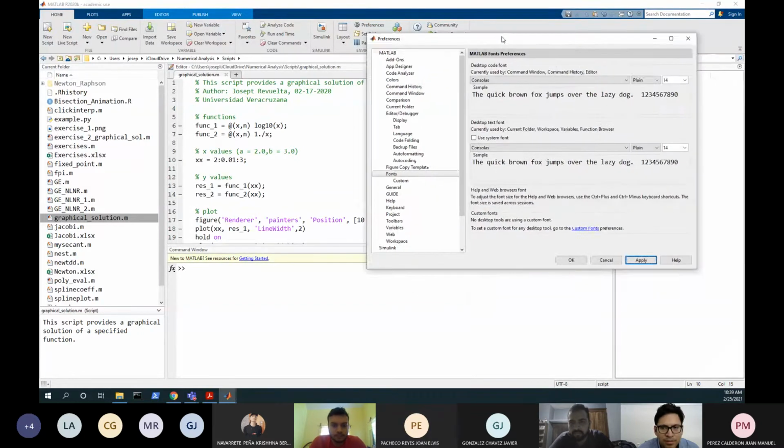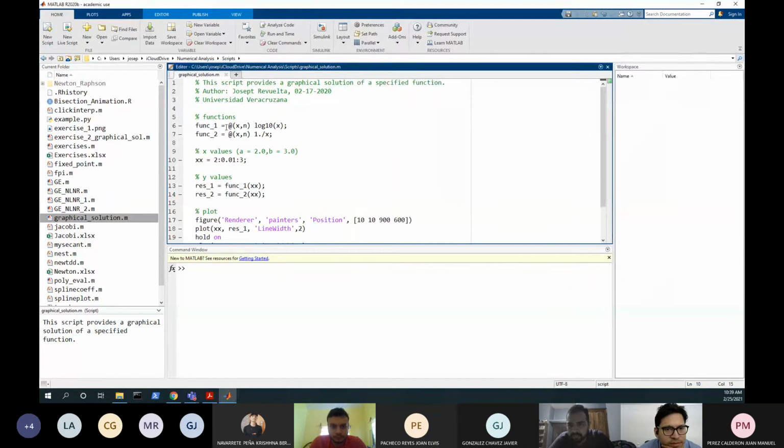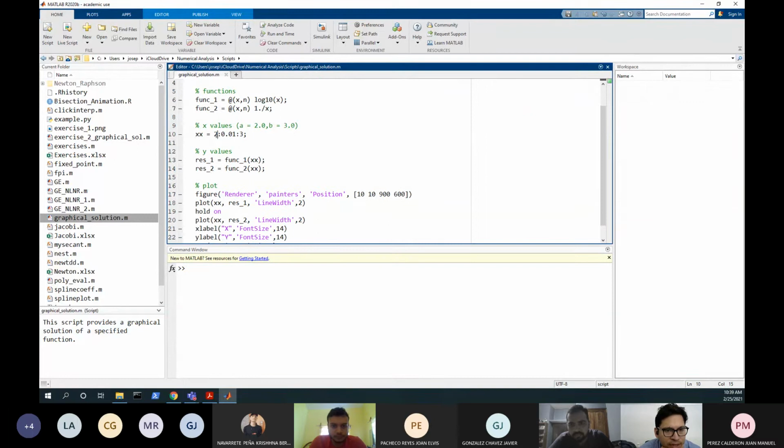Sí, profe. Okay. So as I told you, you have the function here, function 1, function 2, and then I have my neighborhood, starting at 2 and finishing at 3. However, the increment from 2 to 3 is going to be each 0.01. So this is the increment that I have to follow.